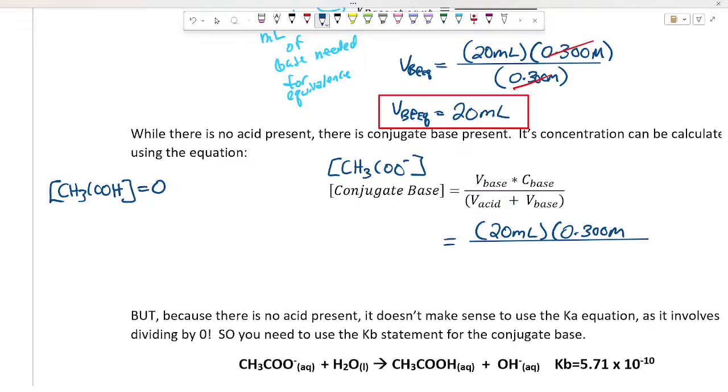0.300 molar. Good. What is the volume of acid we started with? 20 mils. What's the volume of base we added? No, the volume of base. 20 mils. So altogether we've got 40 mils, which means that the answer is going to be, you should be able to do this in your head, but if you can't, use your calculator. Now that I've said that, dear God, don't let me be wrong.